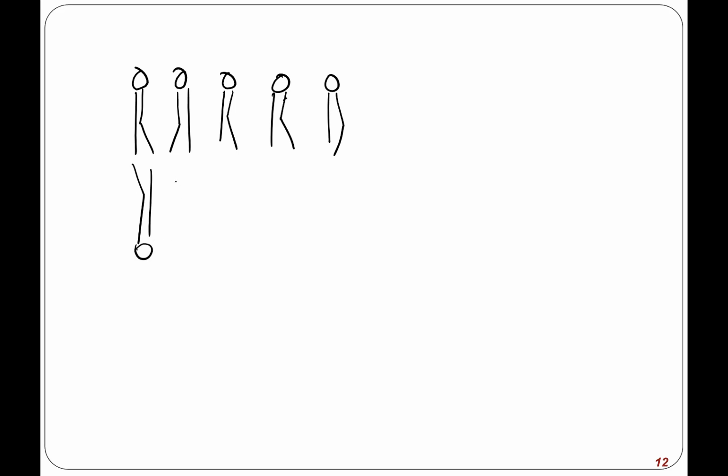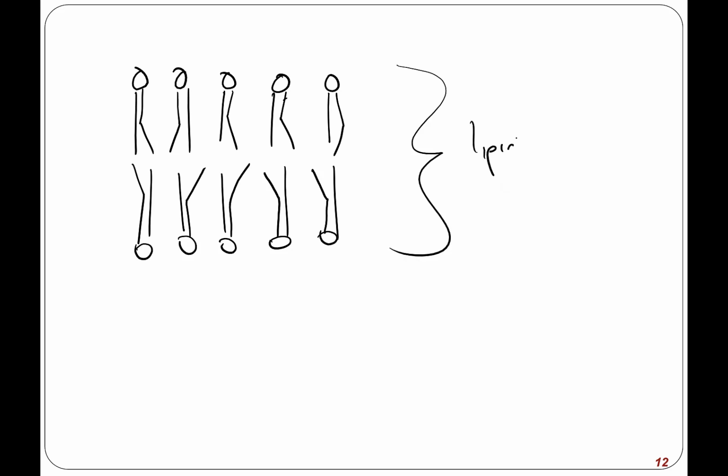Sorry, I'm not great at talking and drawing at the same time. So let me just draw really quickly, and then I'll say some things. Okay, so let's pretend this is a cross section of a lipid bilayer, so part of the cell membrane.